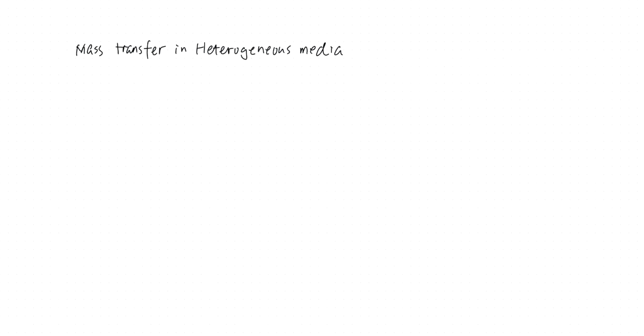In previous lectures, we have been discussing mass transfer in homogeneous medium, meaning everything is the same along every direction, and there is no difference of the medium from place to place. That's why we assumed that the diffusion coefficient, which we call D_AB, is a constant, and we can pull it out of the gradient sign when we derive Fick's second law.